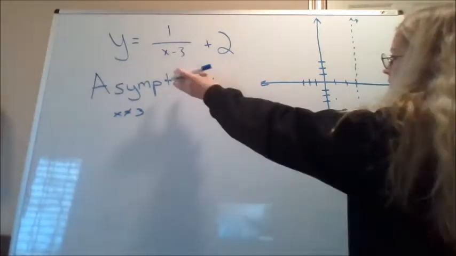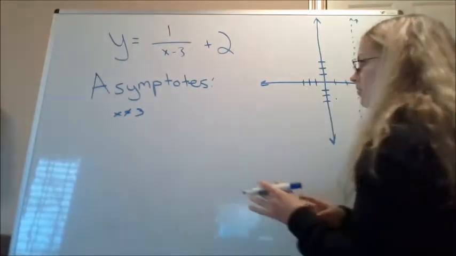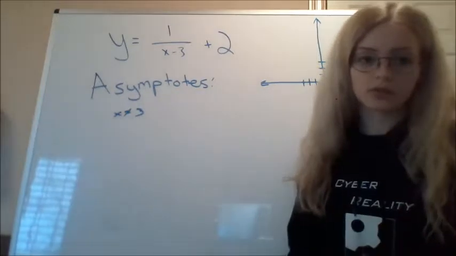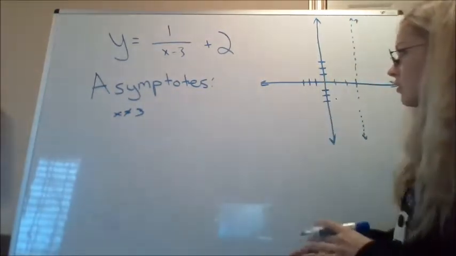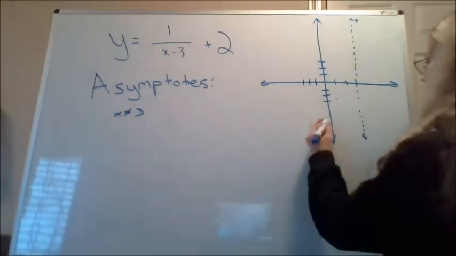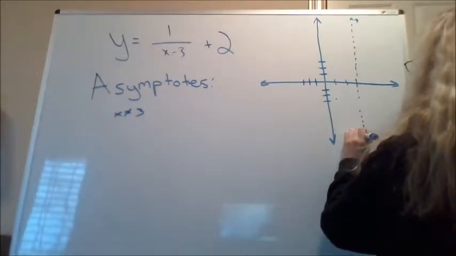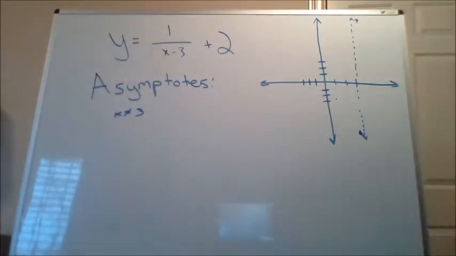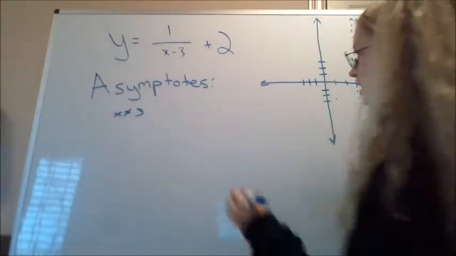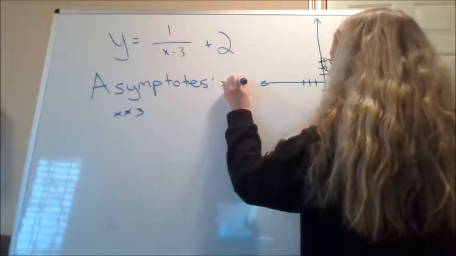So as we get values of x closer and closer to 3 but still less than 3, we would get a more and more negative number for y. So that is our first asymptote. Our first asymptote is x equals 3.